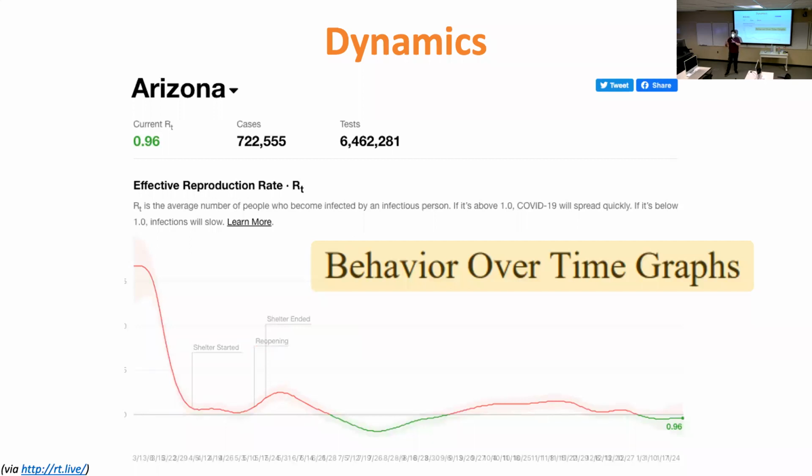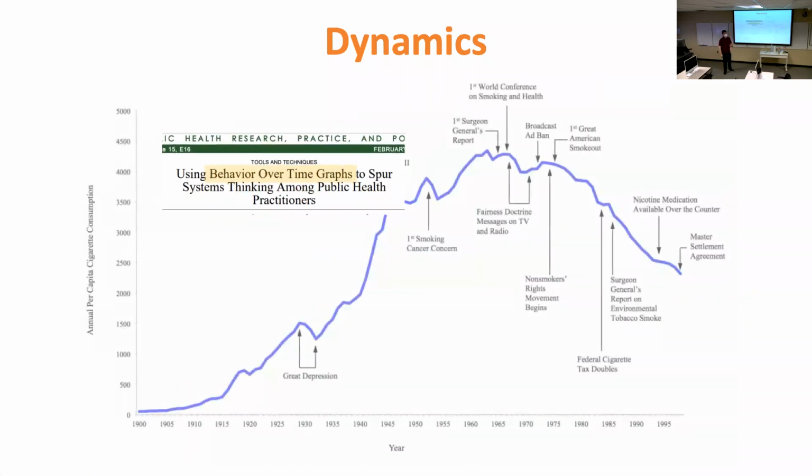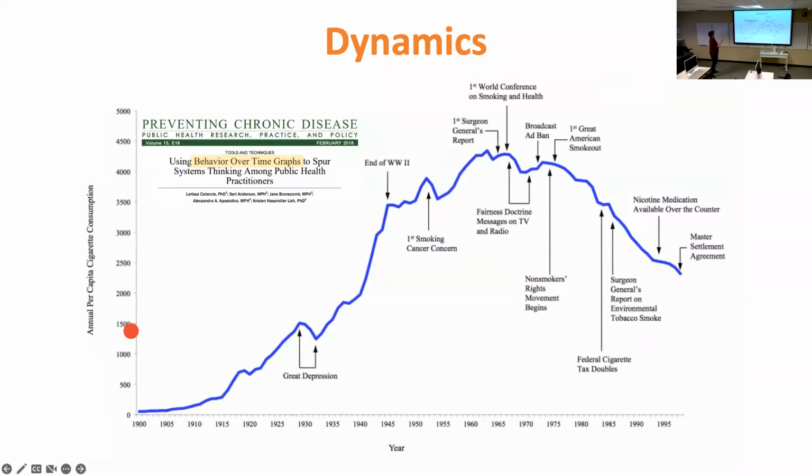So we're looking at the dynamics, and we're analyzing features of dynamical curves to try to come up with possible explanations for what's happening. And so this was a paper from Public Health Journal using BOTGs to spur systems thinking among public health practitioners.